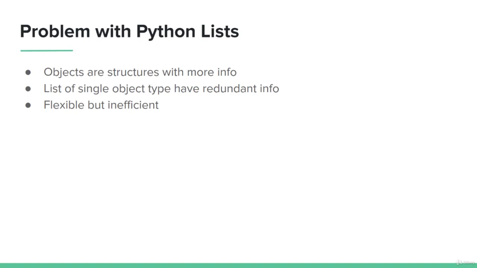So we have concluded, considering the above examples, that although Python lists are flexible, they are inefficient because they take up a lot of memory, and when it comes to computation, they are slower, so we need an alternative.